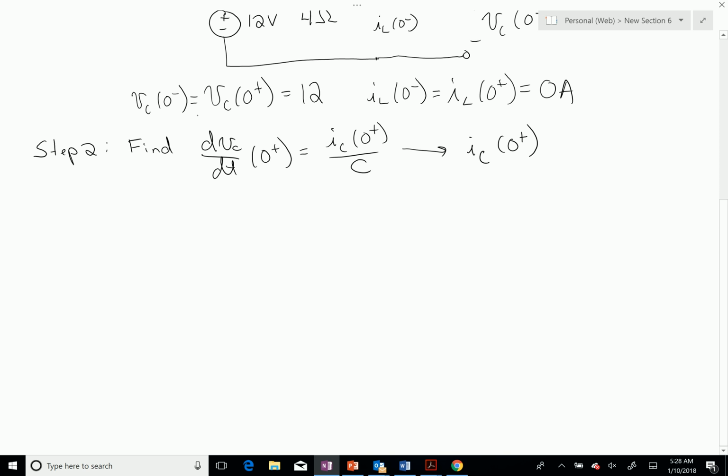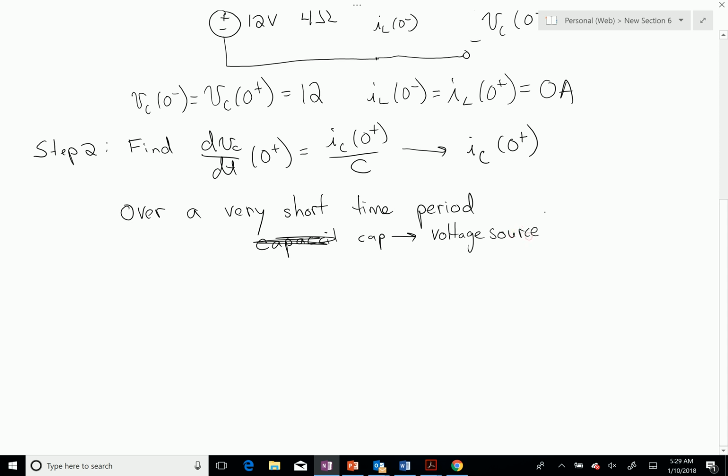If the voltage on the capacitor has to be continuous, that means that over a very short time period, if I only analyze the circuit for a very short time period, I can think of the capacitor as a voltage source.